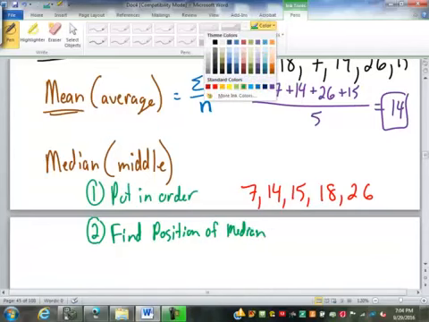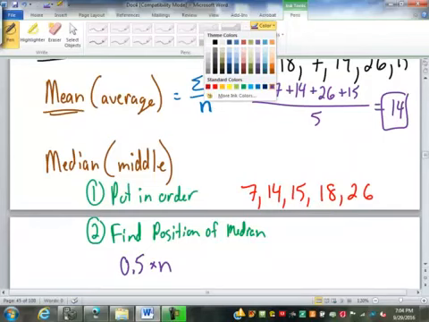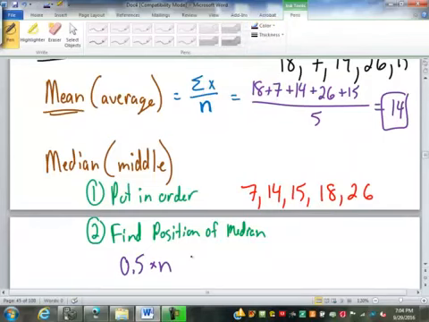To find the position of the median, we're going to take 1/2 or 0.5 times n. What's n again? Well, in this set, it's the number of items in the set. It's 5 for this set. So 0.5 times 5 is 2.5.